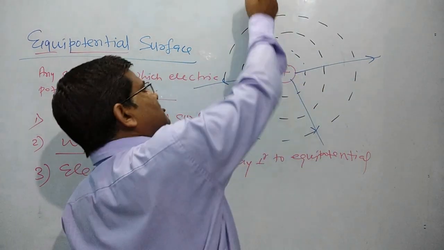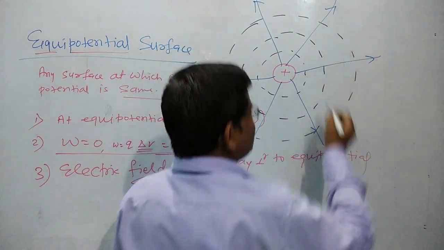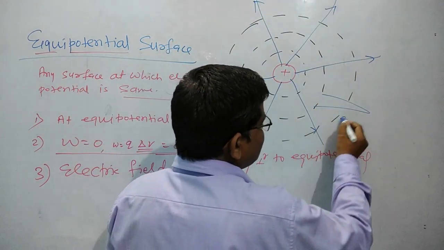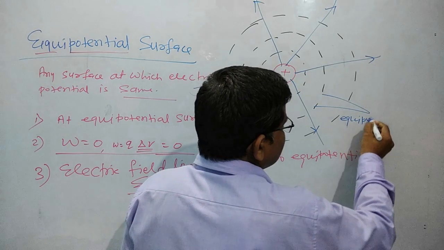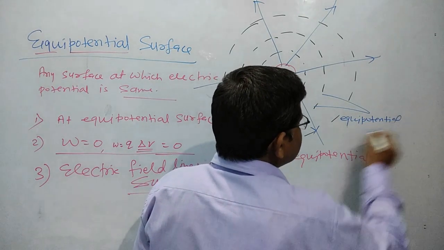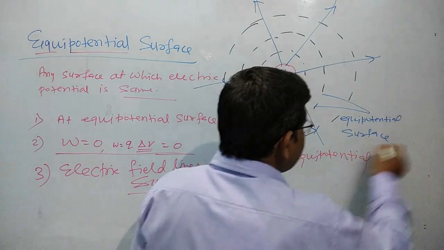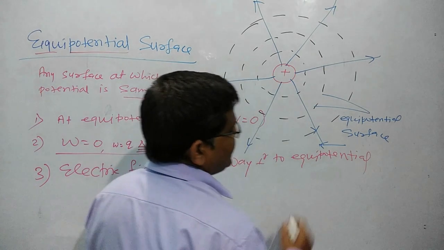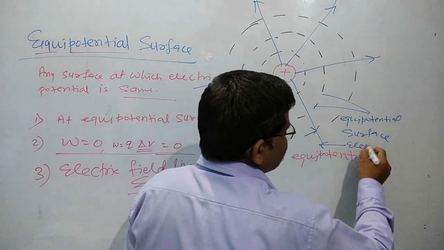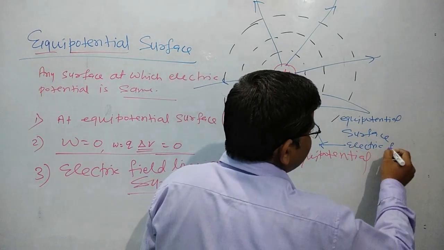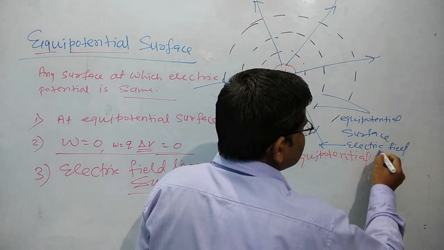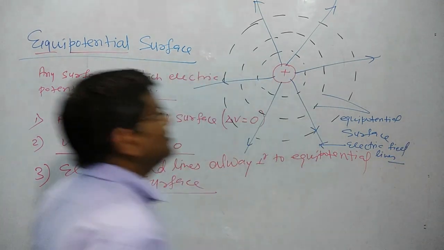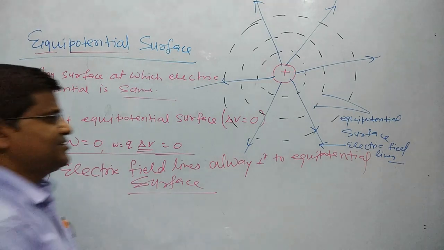The dotted line shows the equipotential surface, whereas the blue lines indicate electric field lines, which are perpendicular, in the radially outward direction.